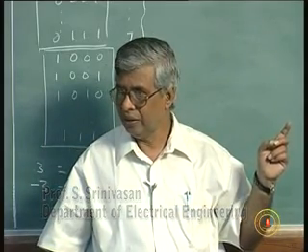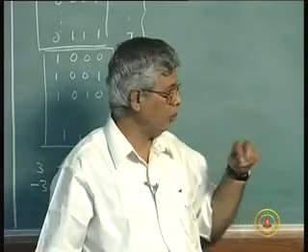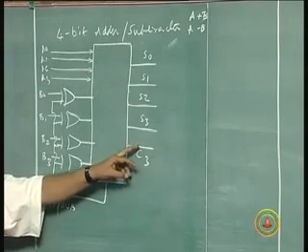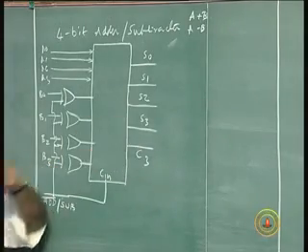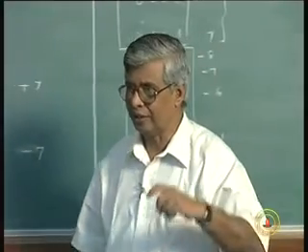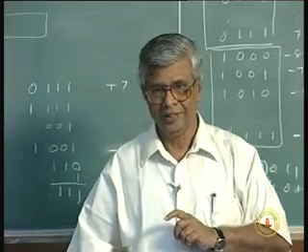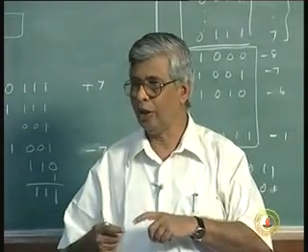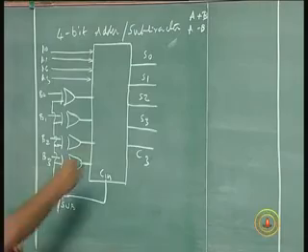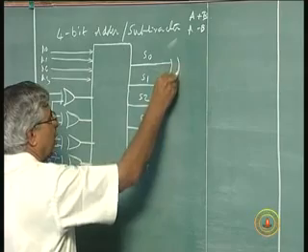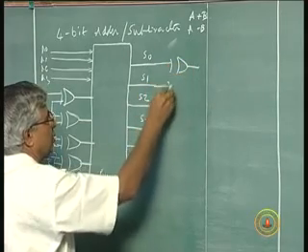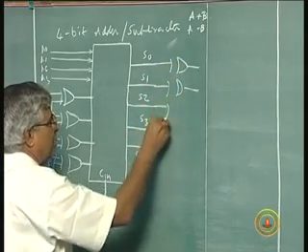And that can be done using the S3 bit. If the S3 bit is 1, I will again exclusive OR it. If S3 is 0, I will pass it through. Supposing I pass this through another set of exclusive OR gates, only 3 bits, no?